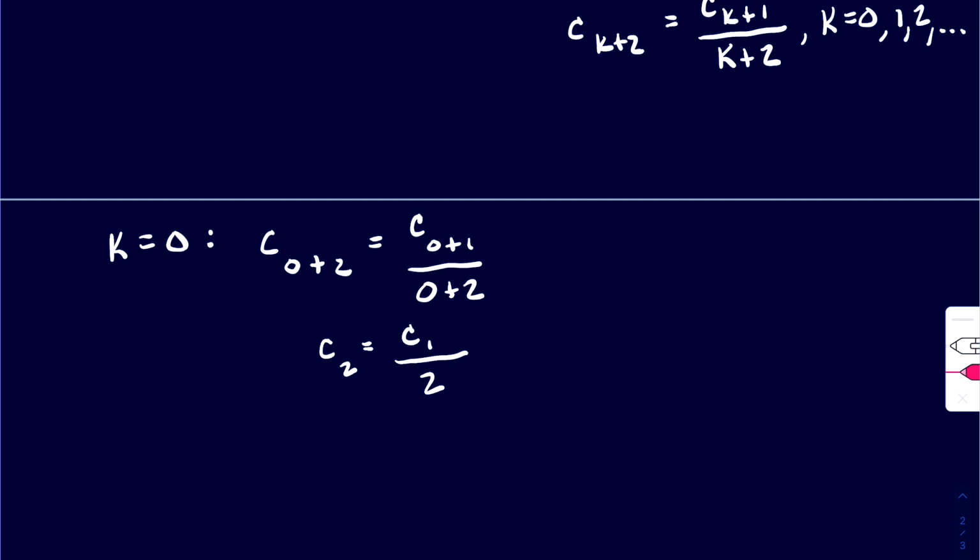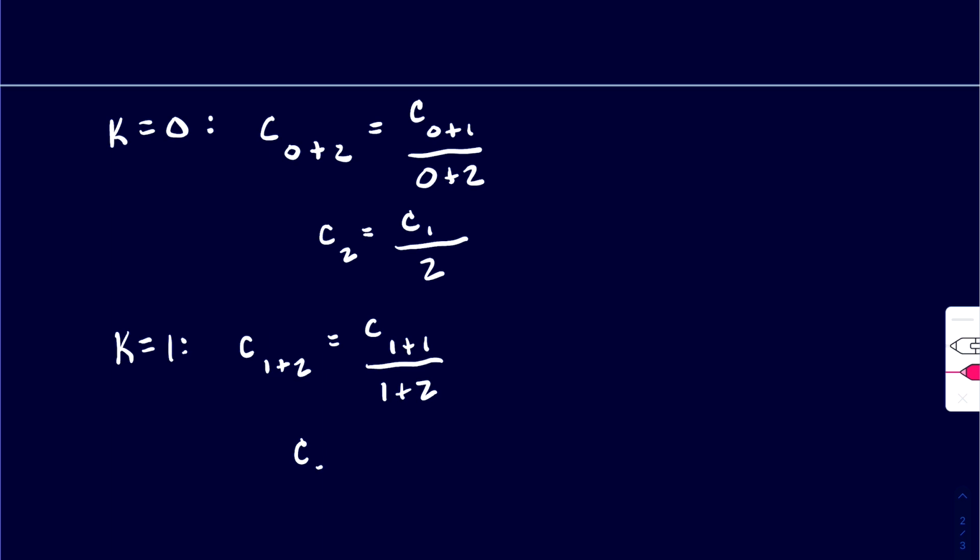And continuing, c sub 1 plus 2 would equal c sub 1 plus 1 over 1 plus 2.